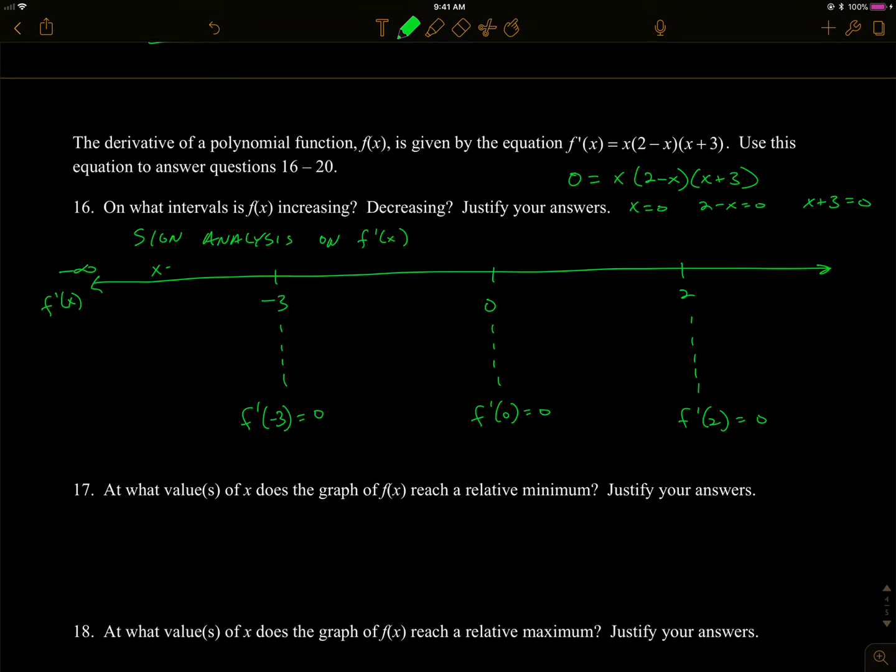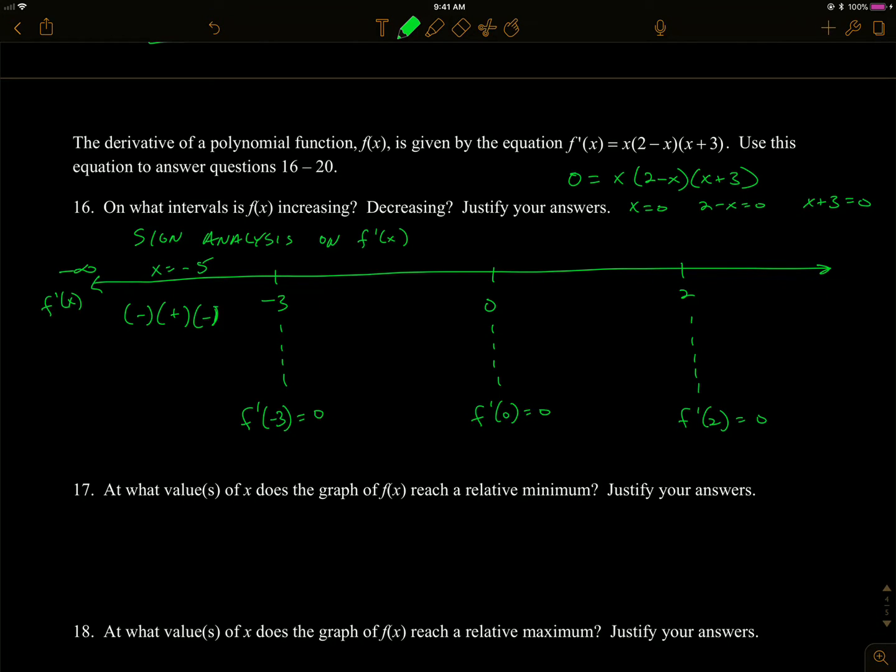So I'm going to pick any number on this interval, like say negative 5, and plug it into the derivative, and it's in factored form. If I plug a negative 5 in, this first factor becomes negative, the second one becomes a positive, and that third factor becomes negative.